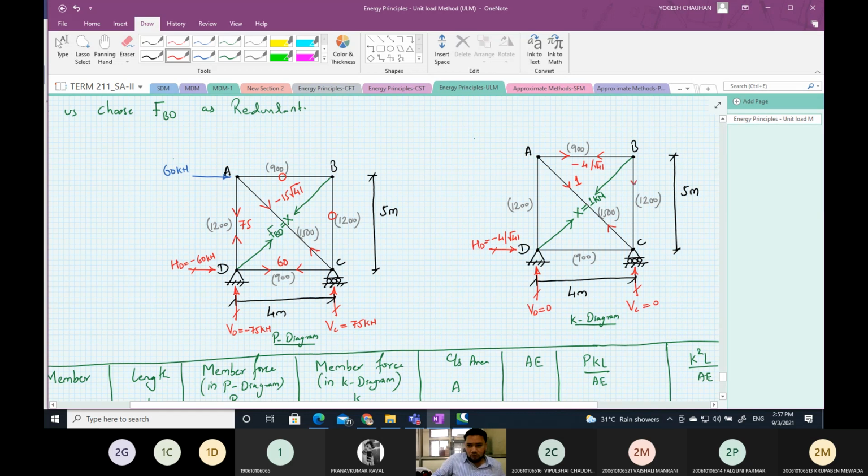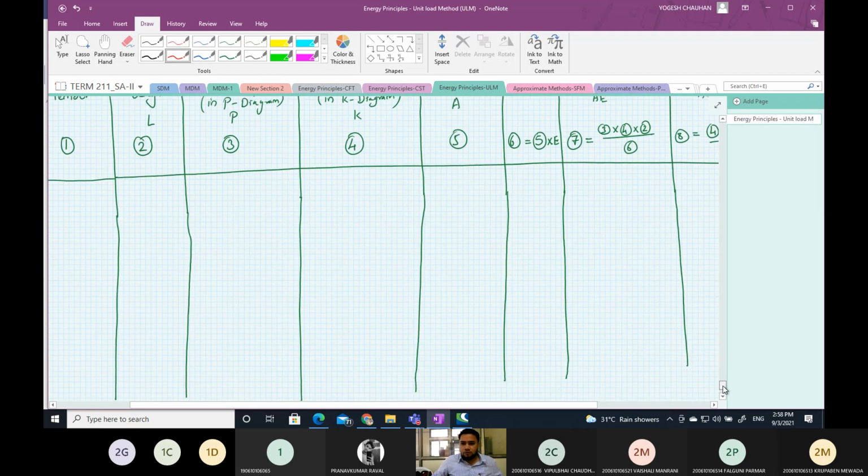BC will be minus 5 by root 41. CD will be minus 4 by root 41, and DA will be minus 5 by root 41. Rest we have the forces.